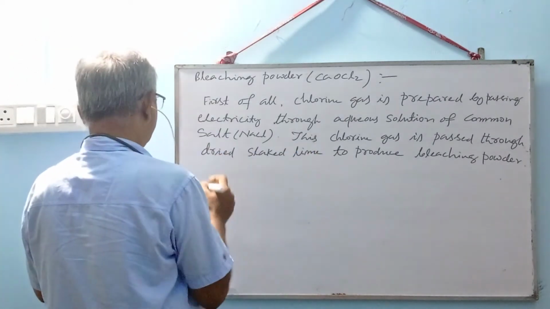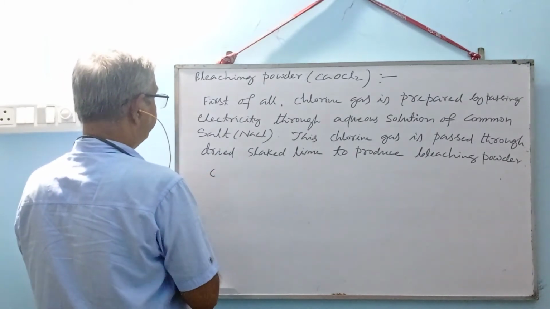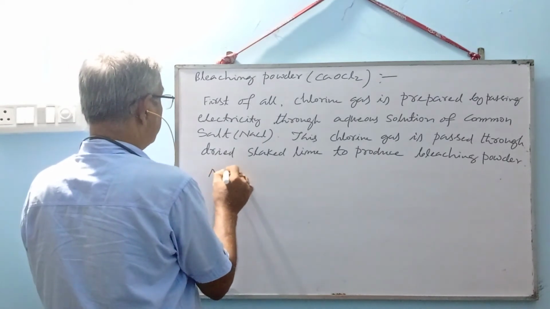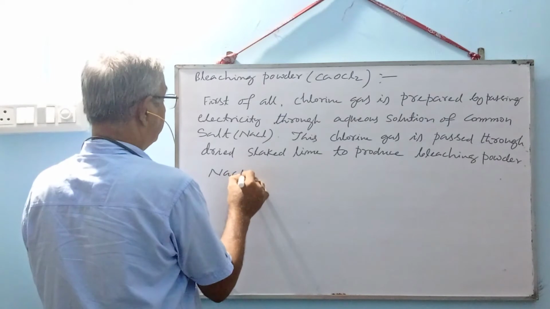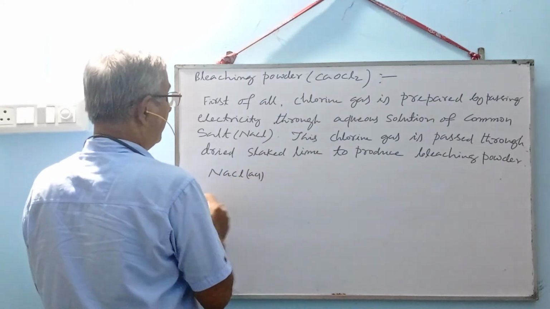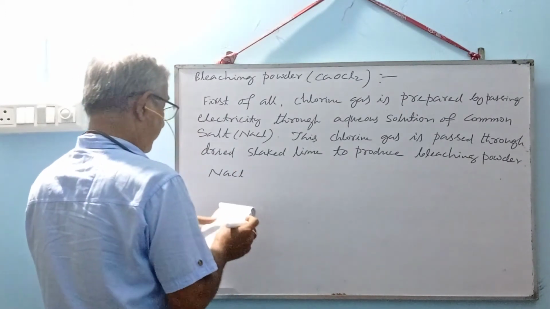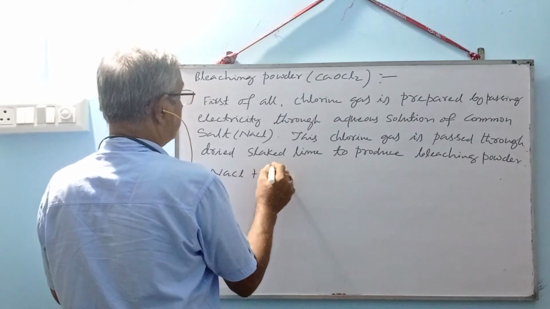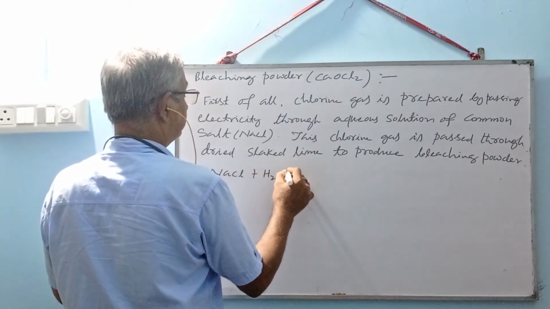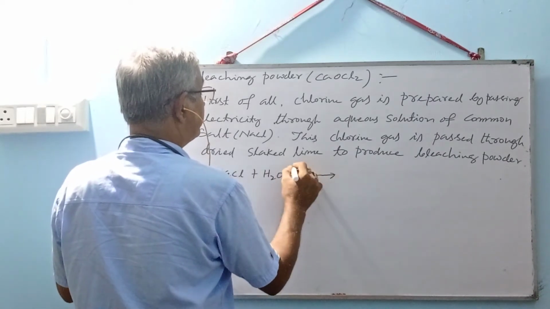See the reaction. There will be two reactions. First of all, you are getting sodium chloride, that is common salt, aqueous, plus H2O. Here electricity is passed.